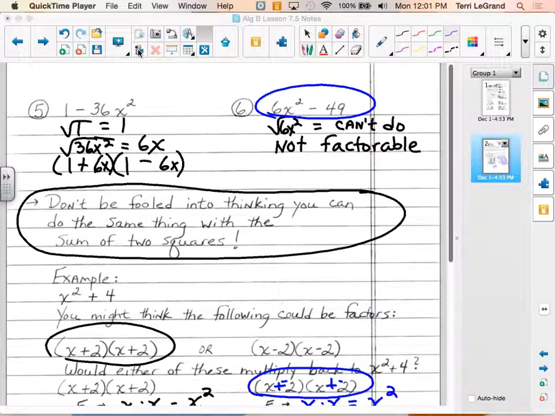Yep, you have to show the one that doesn't square. Keep your notes out, don't put those away. And it actually says right in the directions how many are not factorable.